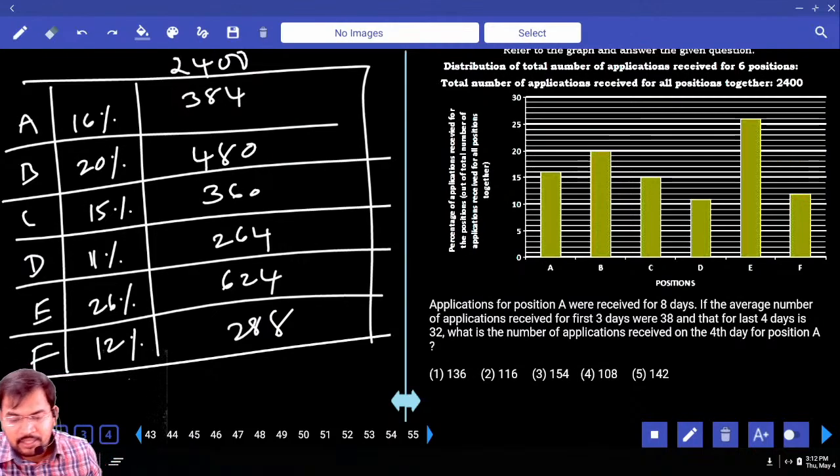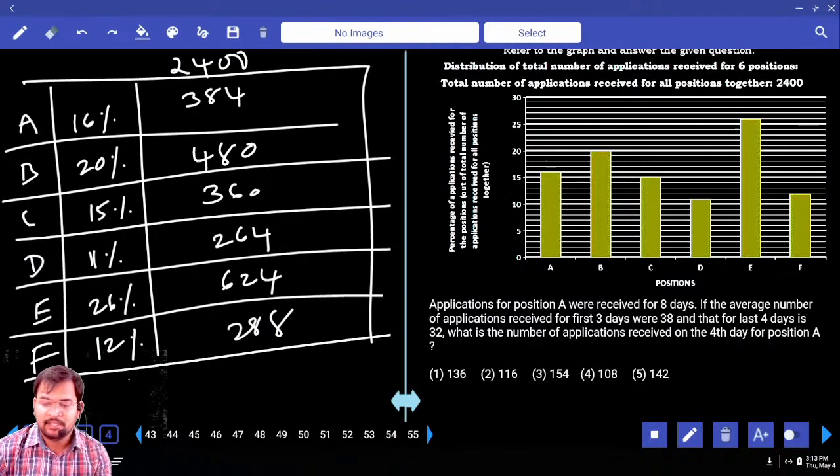See the first question. Applications for a position were received for 8 days. If the average number of applicants received for the first 3 days is 38 and for the last 4 days is 32, what is the number of applicants received on the 4th day? Look here, all of you. Total how many? 384, for total 6 positions.